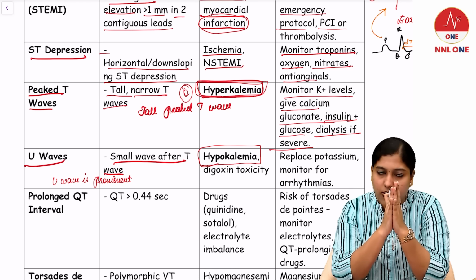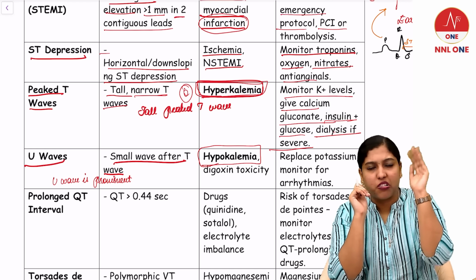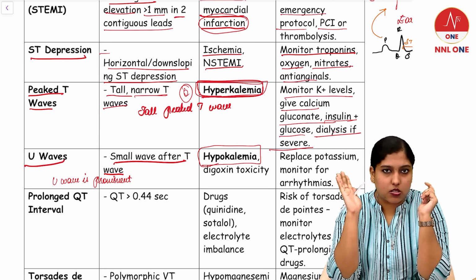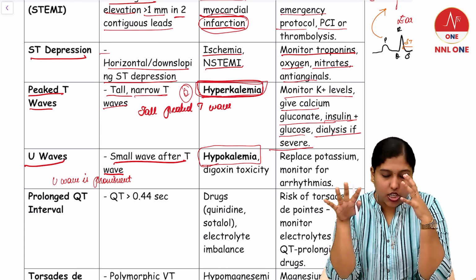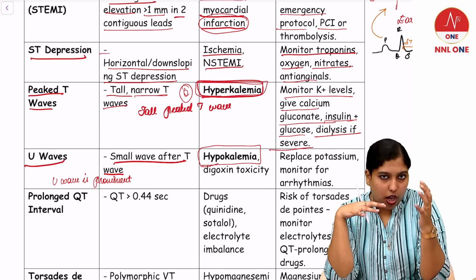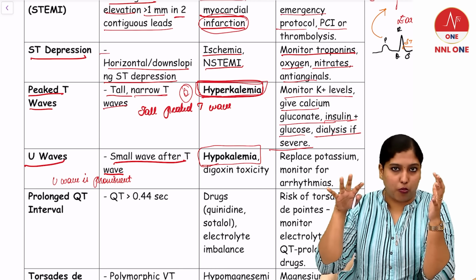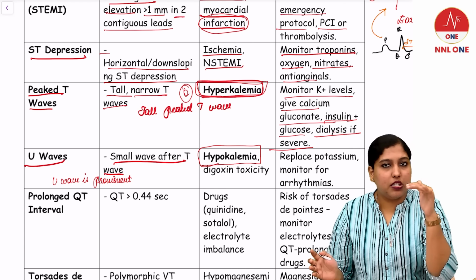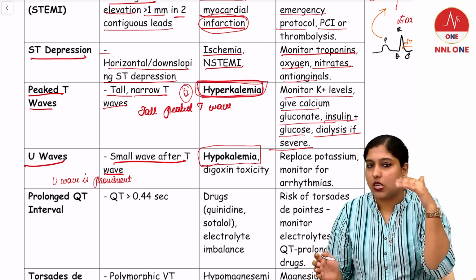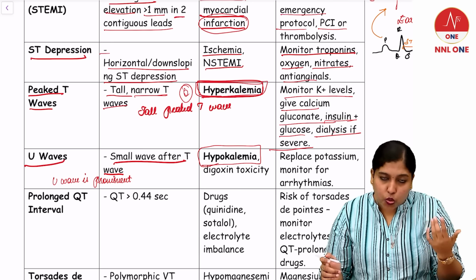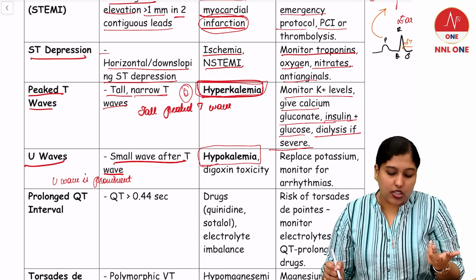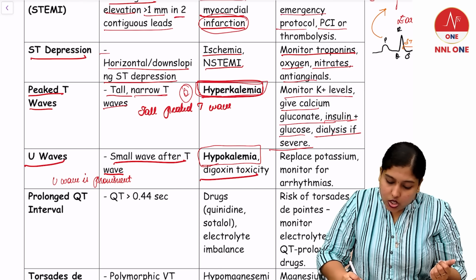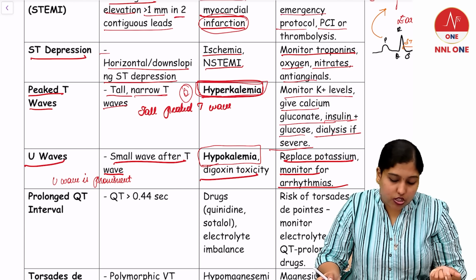Remember the T wave first: when potassium increases to a greater extent, the T wave comes up. When potassium reduces, when the patient goes into hypokalemia, the U wave becomes very prominent. Peaked T wave is seen in hyperkalemia, whereas prominent U wave is seen in hypokalemia and digoxin toxicity, right? So you have to replace the potassium and monitor for other arrhythmias.